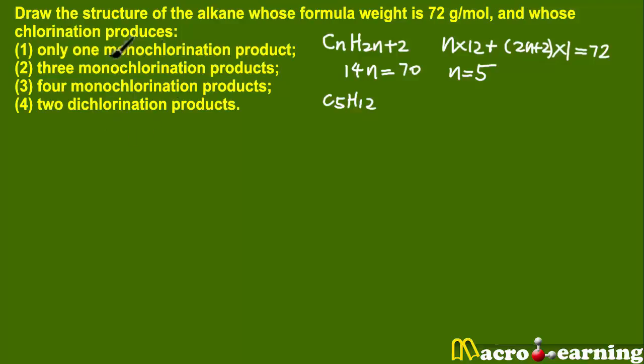And to figure out the structure that meets each one of these, I think the best way to do it is to first try to draw out all the possible isomers based on this formula. So the most straightforward one would be a straight chain pentane, right?